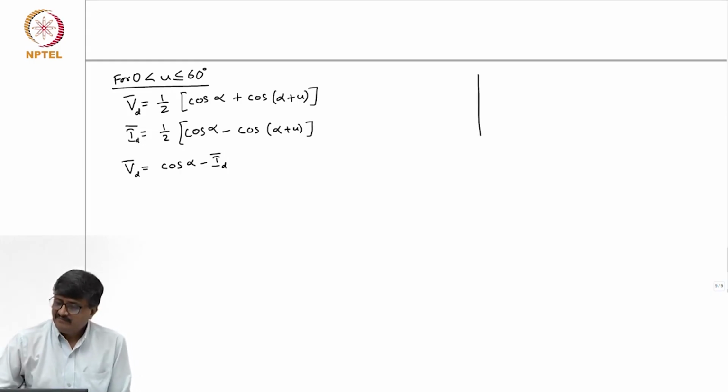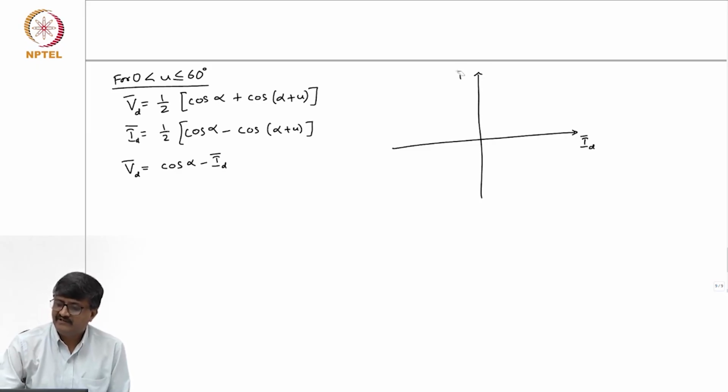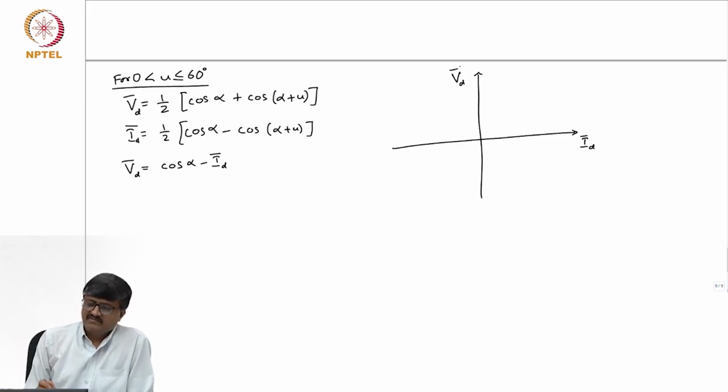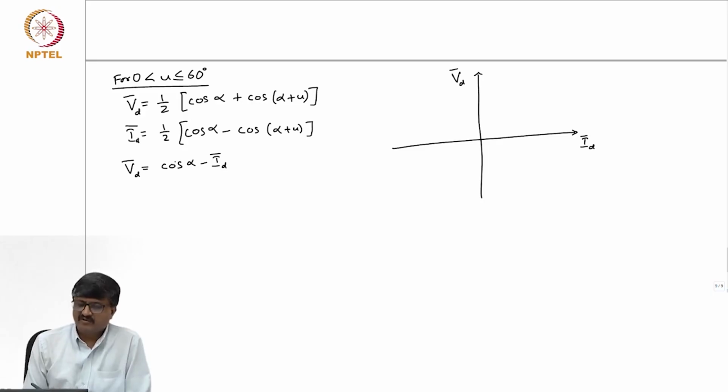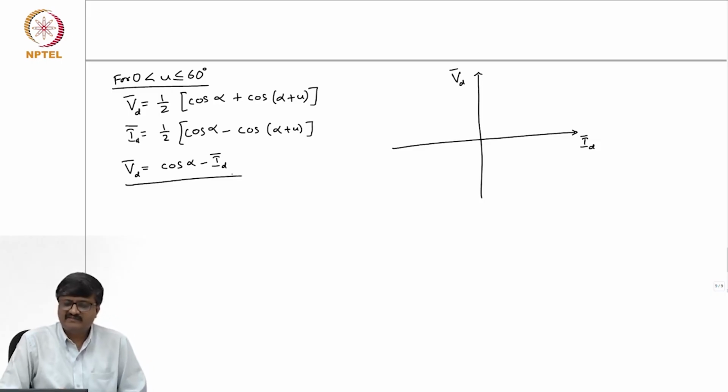So if I take the plane in which I have ID bar on the abscissa and VD bar on the ordinate, and if I keep alpha constant, then this equation VD bar equal to cos alpha minus ID bar is the equation of a straight line.